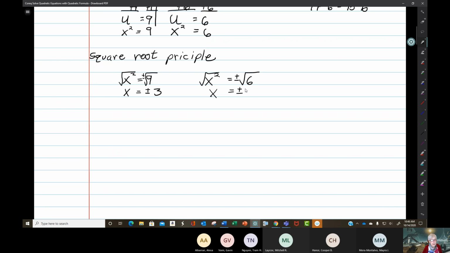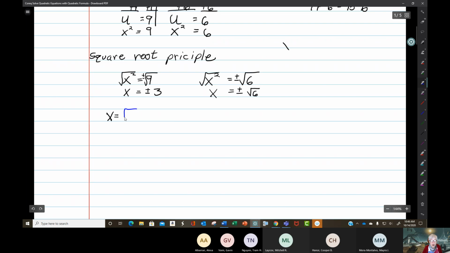If we're looking for exact answers, you've got to go with just the radical. So X actually equals 4 numbers.